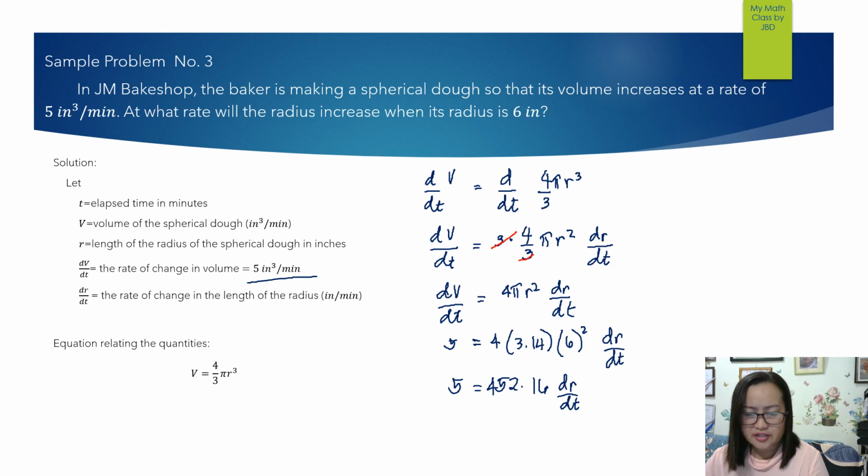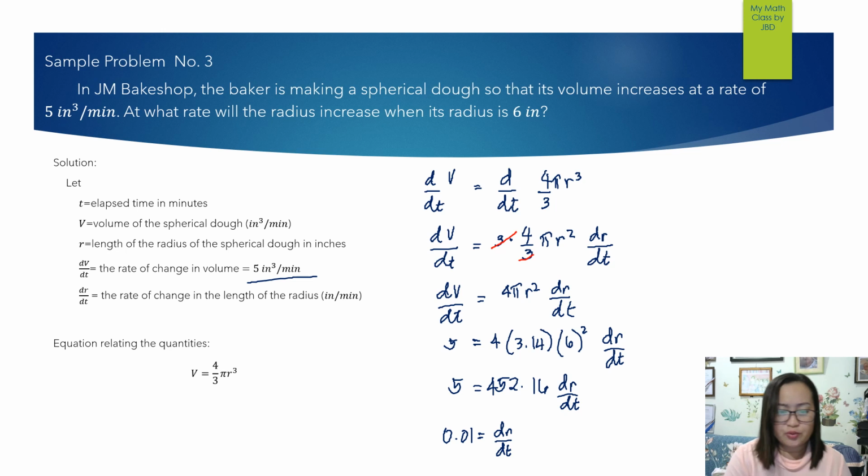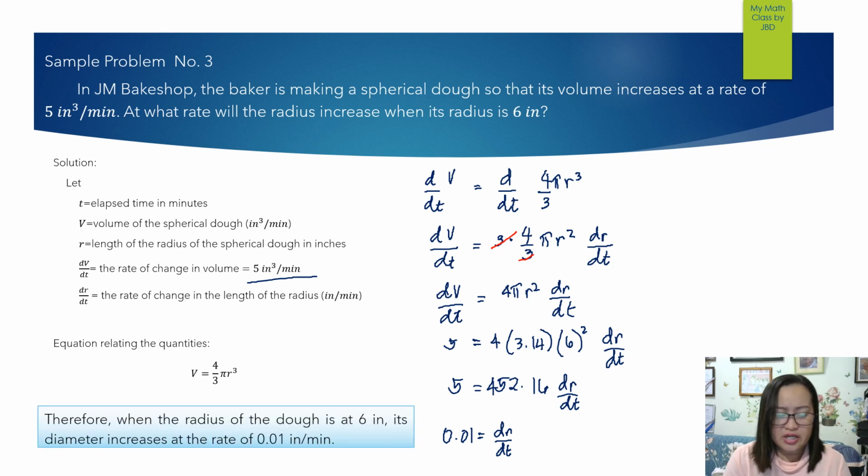Dividing both sides by 452.16, we will have dr/dt approximately equal to 0.01. So therefore, when the radius of the dough is 6 inches, its radius increases at the rate of 0.01 inches per minute.